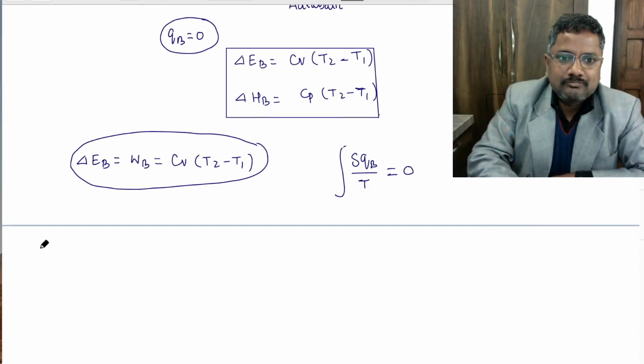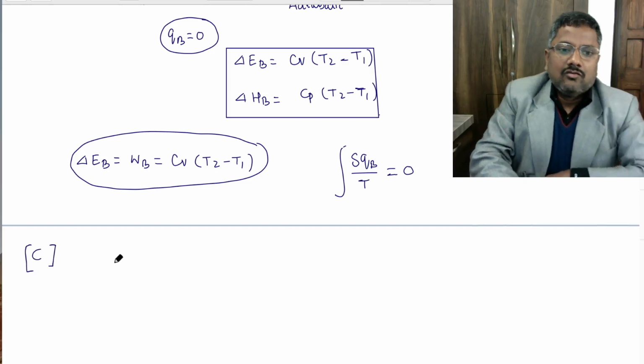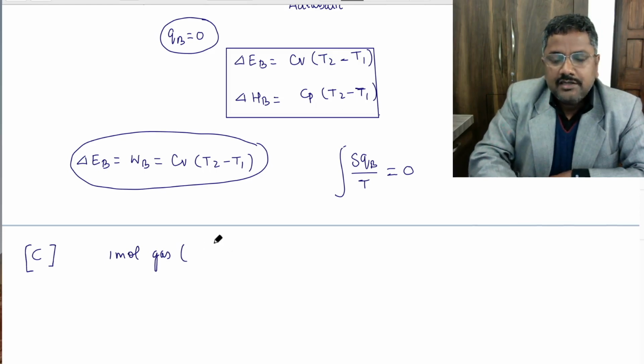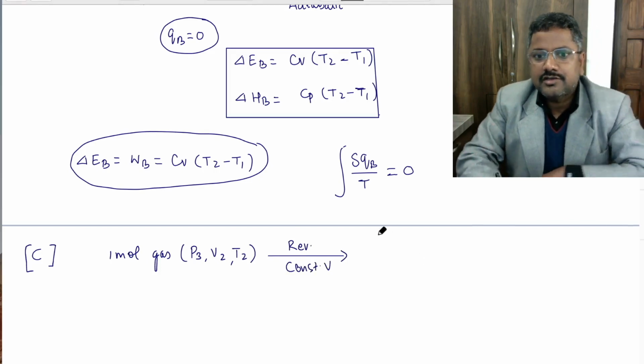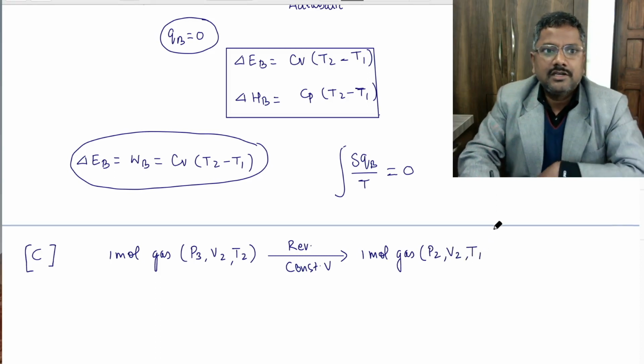Path C: one mole gas, P3, V2, T2, reversible isochoric, constant volume, to one mole gas, P2, V2, T1.